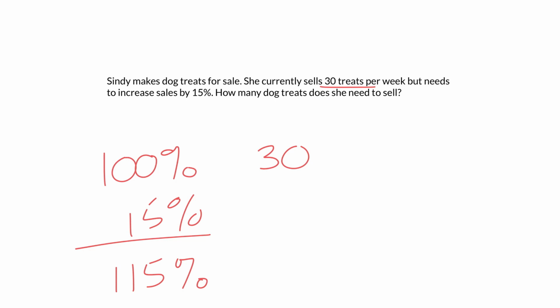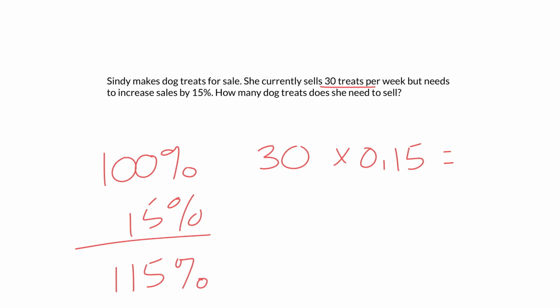So remember, we do that by taking the 15% and dividing it by 100. That gives us 0.15, and we multiply. So this is going to give us a little bit of a decimal. So we're going to have to round up because we can't sell part of a dog treat.